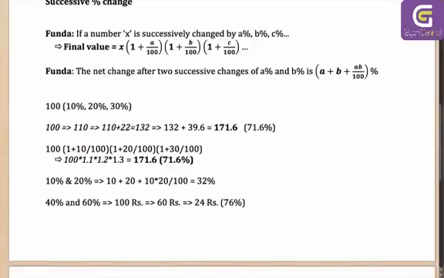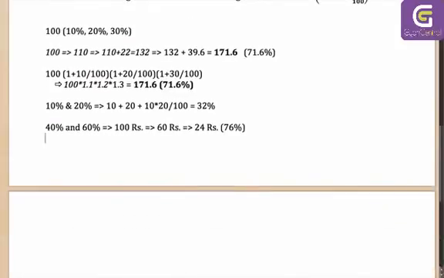Now, let's do it by the formula, which is A plus B plus AB by 100. But you need to be very, very careful when you apply this formula. These are discounts that we are talking about. So discounts are negative. So this will be minus 40, minus 60, and then the product of minus 40 and minus 60, that by 100.